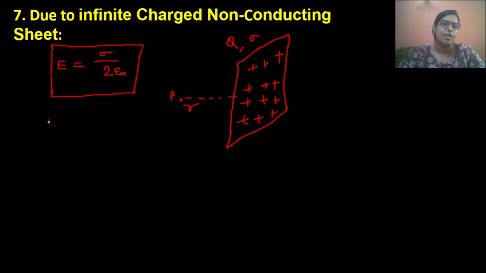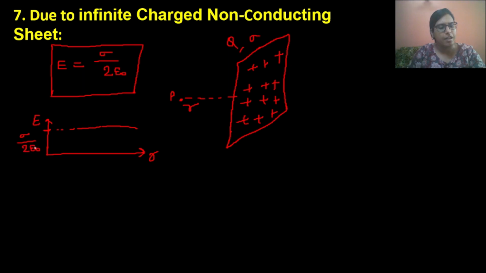If you want to draw the graph, then it will be a straight line, and the value of electric field here will be sigma upon 2 epsilon naught. So this is the infinite charged non-conducting sheet.